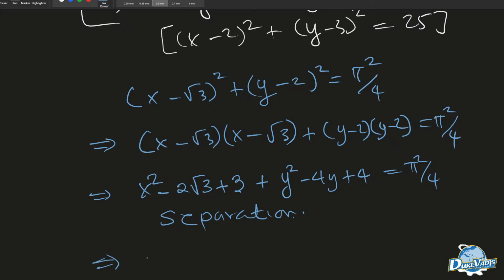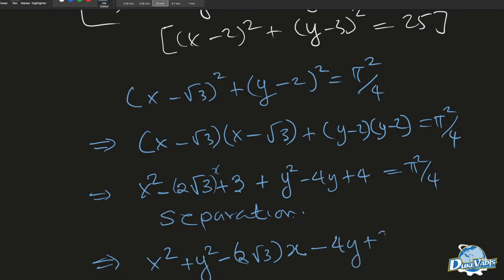So we have x squared plus y squared, and here, don't forget it's x, we have minus 2 root 3 x. Then we have minus 4y.